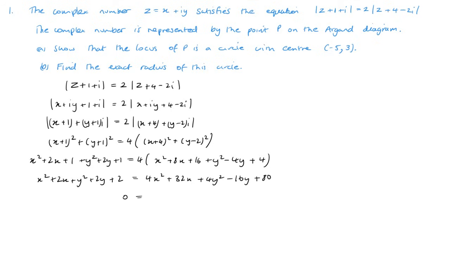So taking everything to the right, we get 3x squared plus 30x plus 3y squared minus 18y, and then plus 72. Sorry, that's 78.